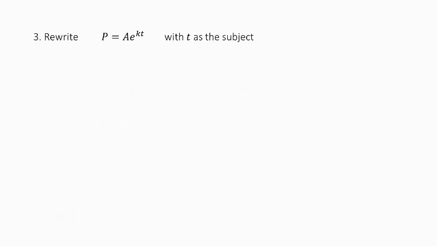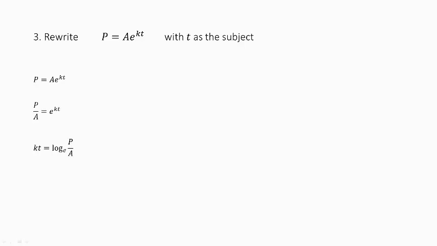Okay, now we're going to transpose this equation. Rewrite p equals a e to the power of kt with t as the subject. You notice t is in the power. To get that down, we're going to first of all divide both sides by a. Now we're going to use logarithms.